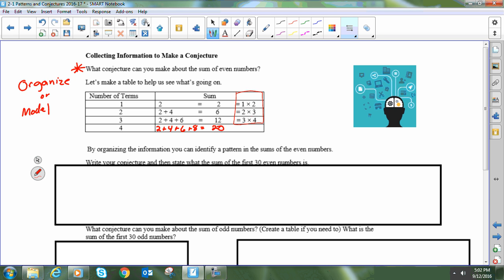Because it wasn't just jumping off the page at me as far as how the numbers are changing. If I look at the numbers from 2 to 4 or from 2 to 6, it's increasing by 2. And if I look at the next one where I go from 6 to 12, it's increasing by 6, and then it increases by 8. So it's not having a constant rate of change, so it's not a linear expression.